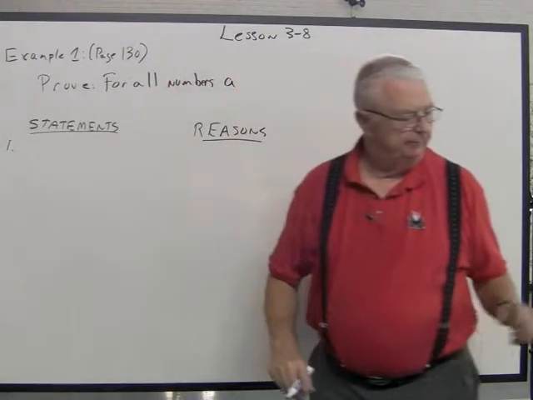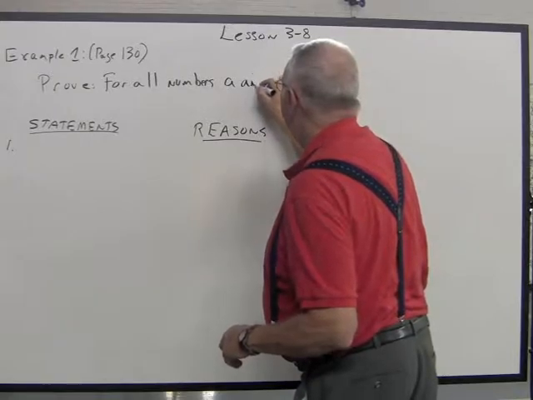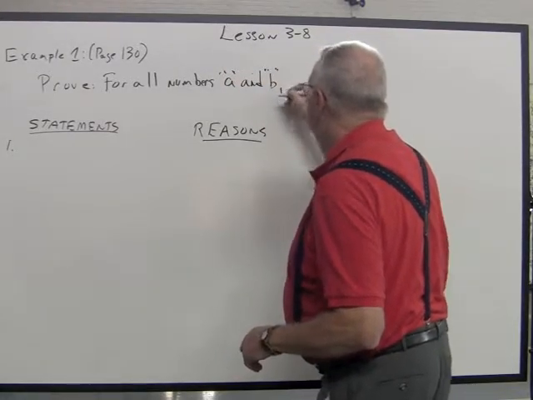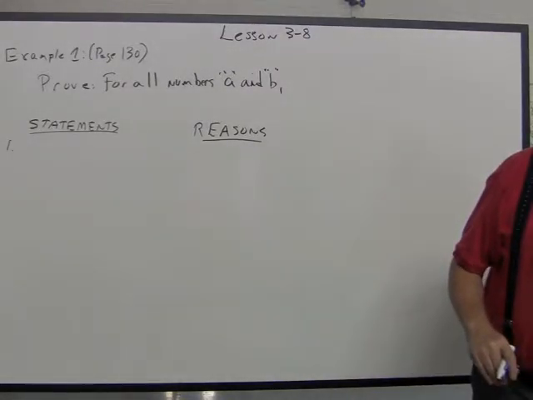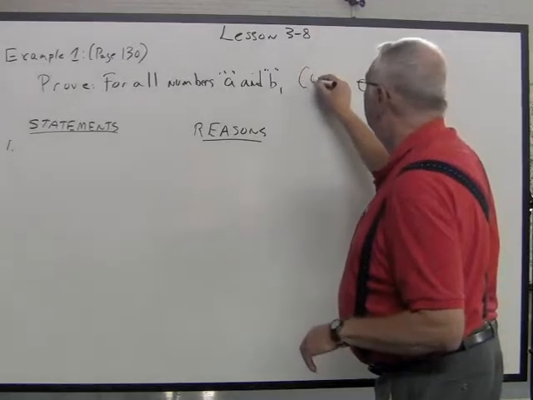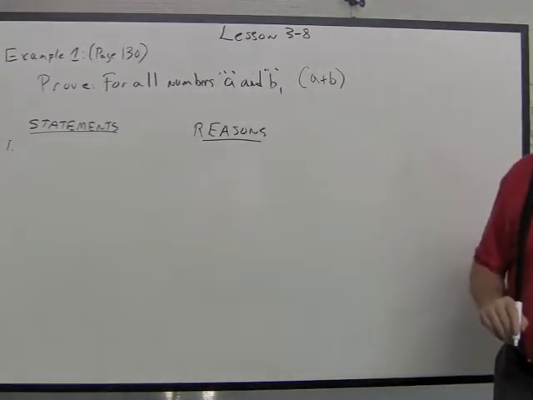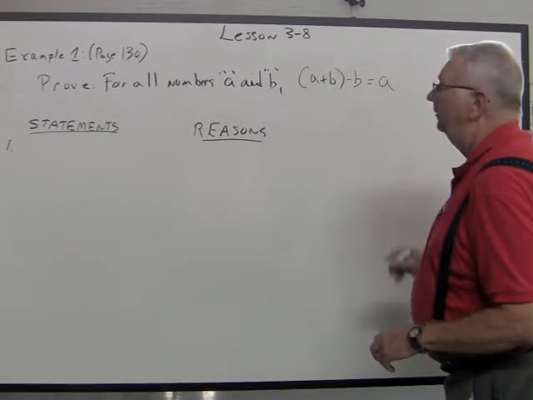a plus b minus b equals a. So for all numbers a and b, a plus b in parentheses, minus b, equals a.